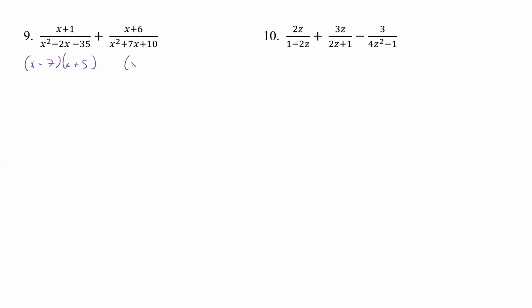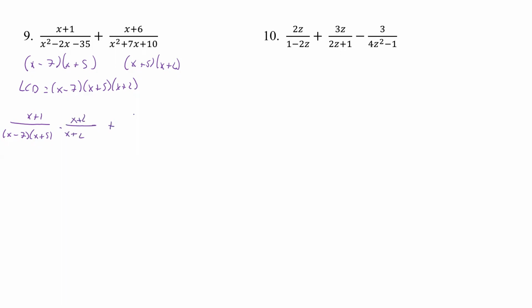Now here we're going to have x plus 5, x plus 2, because they're going to both be positive, and so 5 plus 2 is 7, and so our LCD is x minus 7, x plus 5, x plus 2. So our first term, x plus 1 over x minus 7, x plus 5. Well, we have to multiply by x plus 2 over x plus 2.